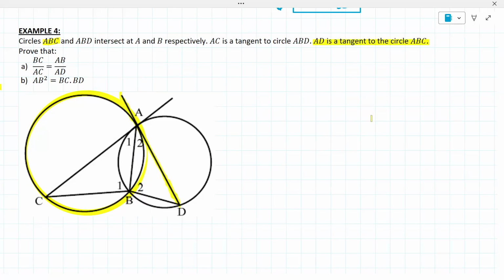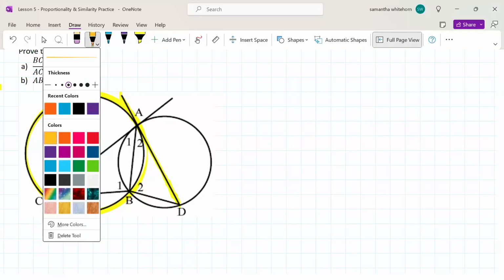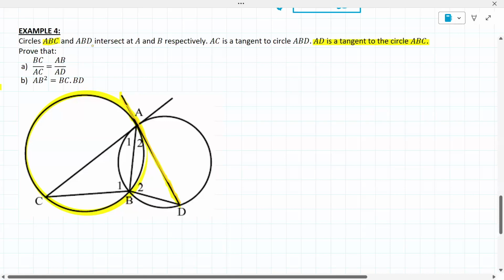I'll remove the highlighting in a second. So that's the first bit of information that we have. And remember, we need to be thinking tan chord. If we just think about tan chord already, AD is my tangent. I can see that there's an angle created A2 between the tangent and the chord, which means that would be equal to angle C. Just start thinking about these things.